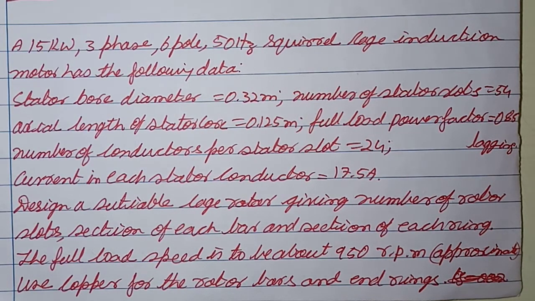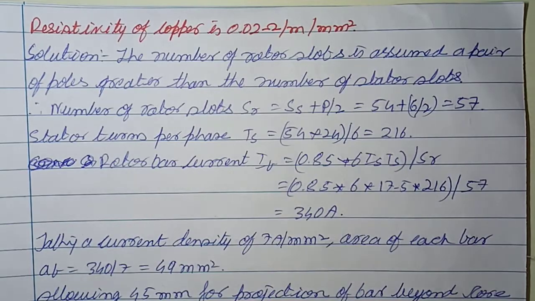Design a suitable cage rotor giving the number of rotor slots, section of each bar and section of each ring. Full load speed is to be at least 950 rpm approximately. Use copper for rotor bars and end rings. The resistivity of copper, which is also given, is 0.02 ohm per meter per millimeter square.